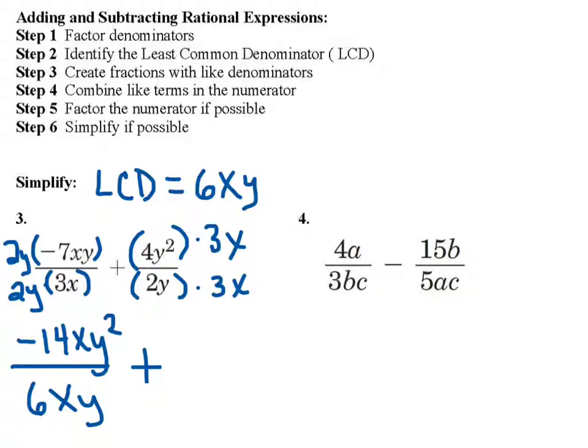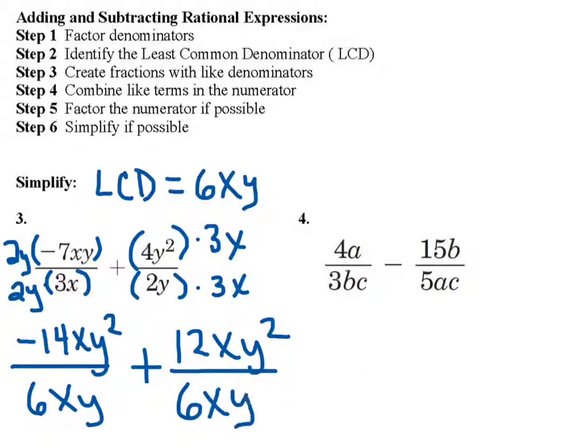So what we have here is the product of 12xy squared all over this common denominator that we've already found to be a 6xy.